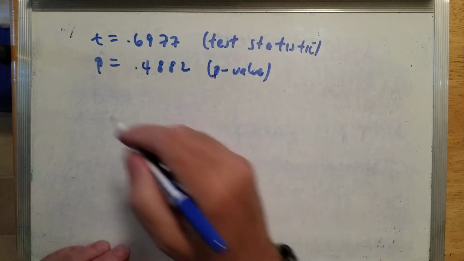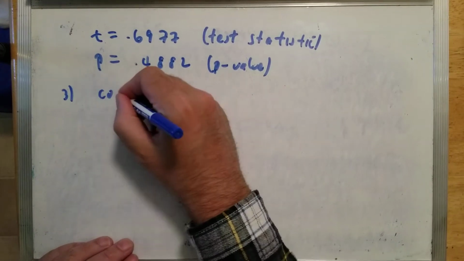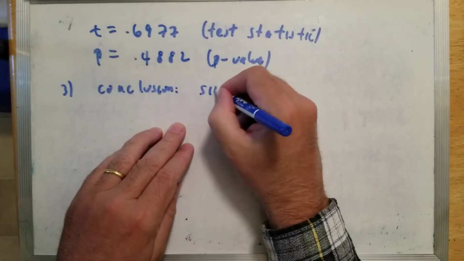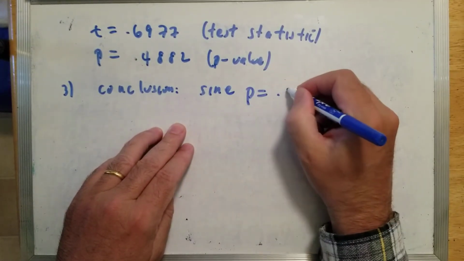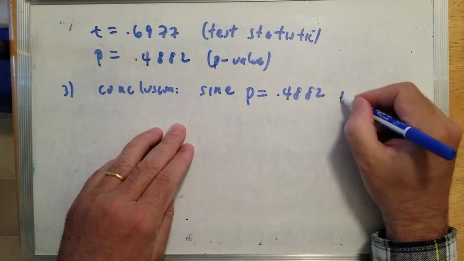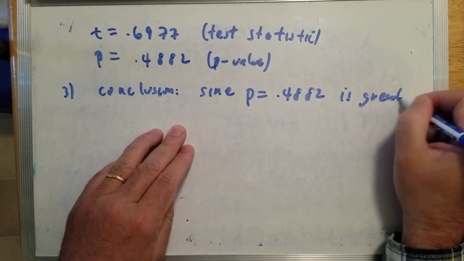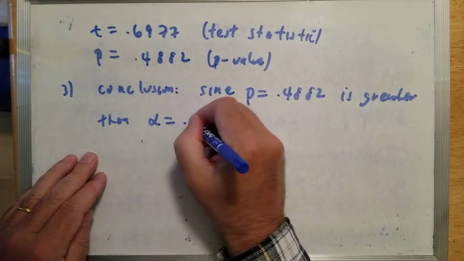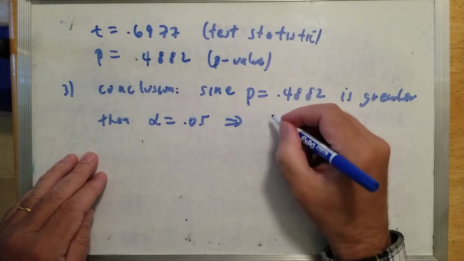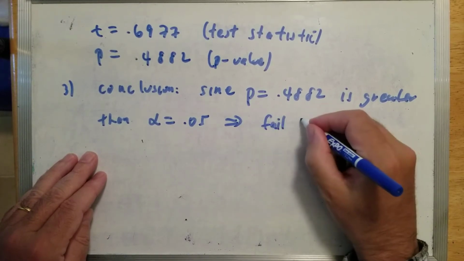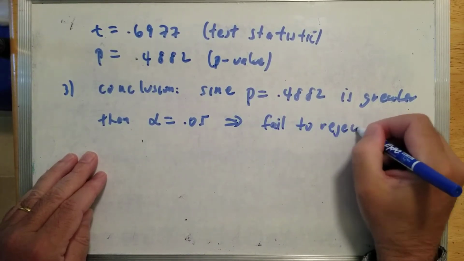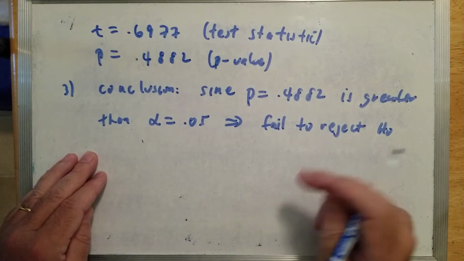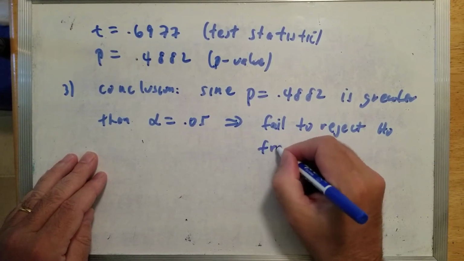We're ready to draw our conclusion. Since p equals 0.4882 is greater than alpha, 0.05, that means that we fail to reject H null. And going back to the setup, it was from the original claim.